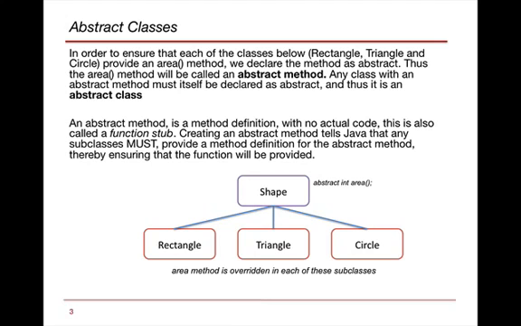You may do this for perimeter too. For a circle it would be the circumference. These are known as abstract methods, and any class with an abstract method must be declared as an abstract class, and we use the keyword abstract in front of the word class. Therefore, the subclasses will provide the implementations of abstract methods within abstract classes.